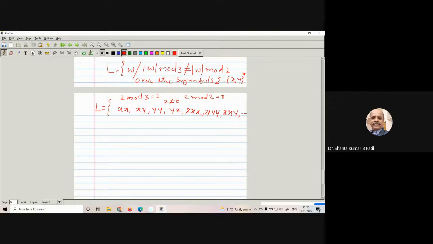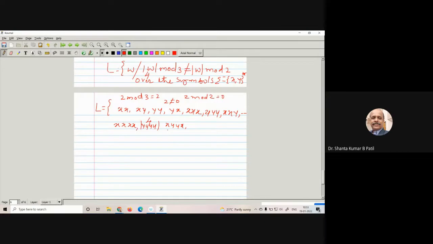Then 4-symbol strings: 4 mod 3 is 1 and 4 mod 2 is 0, hence 4x is also accepted, 4y is accepted, and even combinations like xy, yx are accepted.